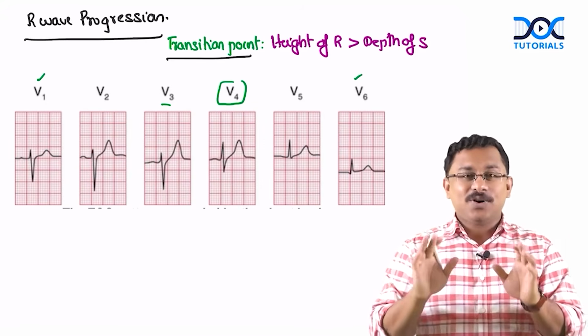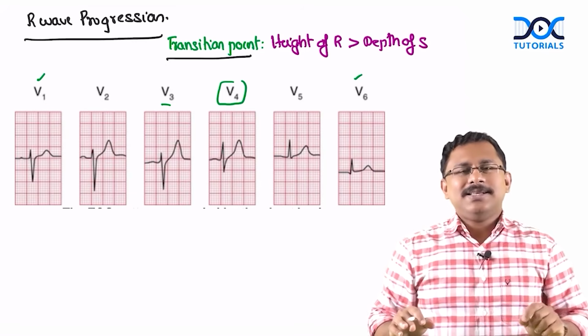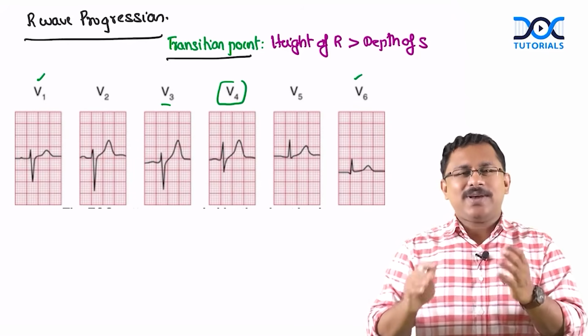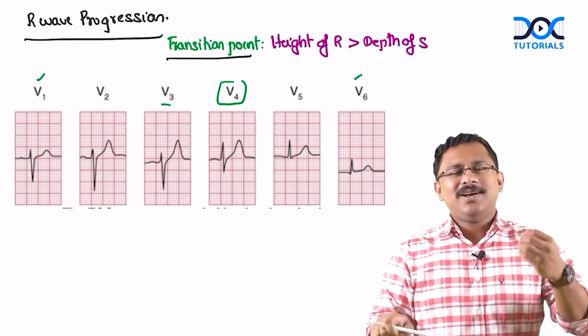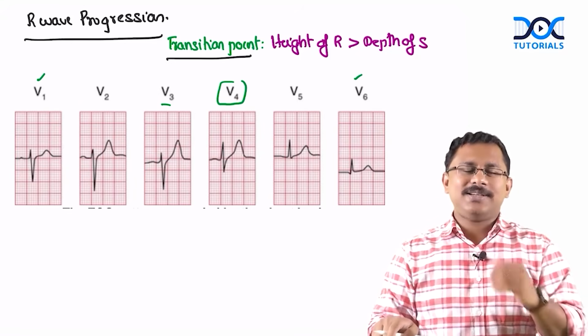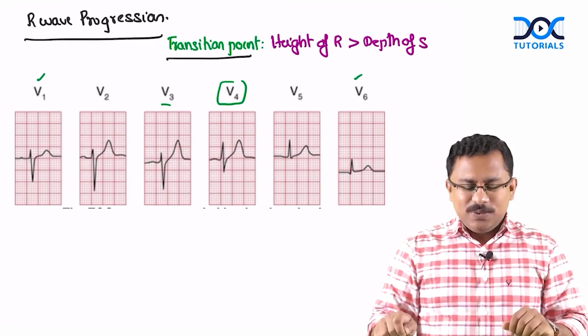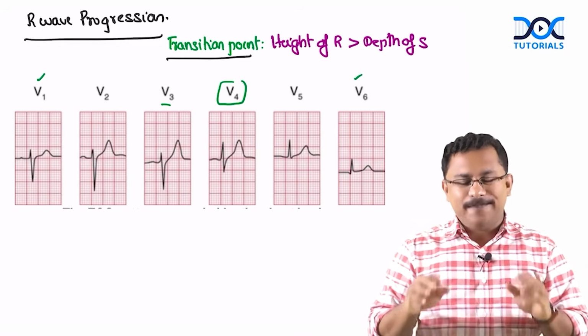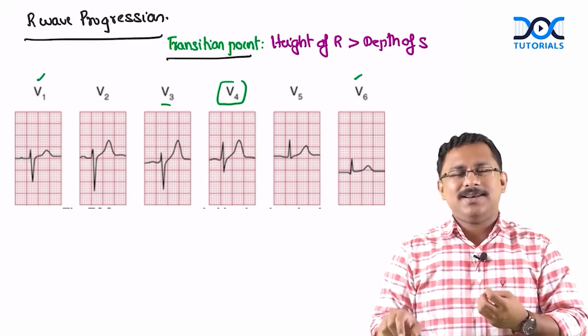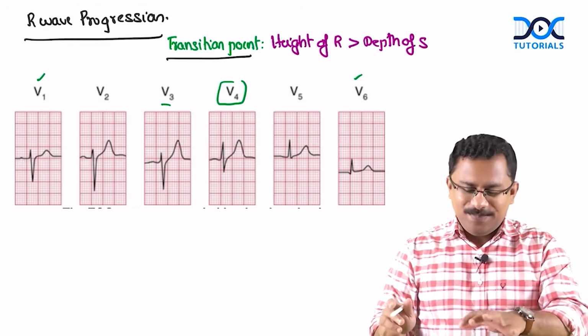That is called R wave progression. Certain pathologic conditions can have abnormality here, so you might not be able to see the R wave progression. Normally this is a smooth progression from V1 to V6. With abnormalities, this R wave progression may be affected.